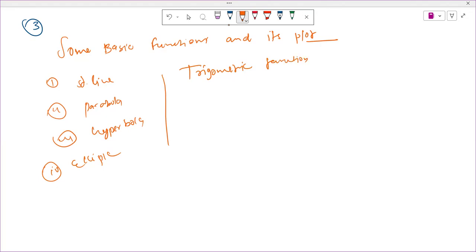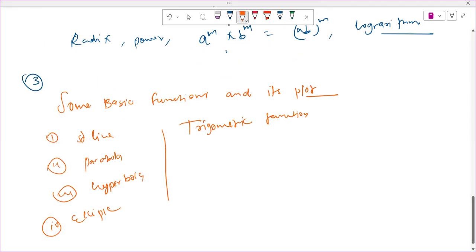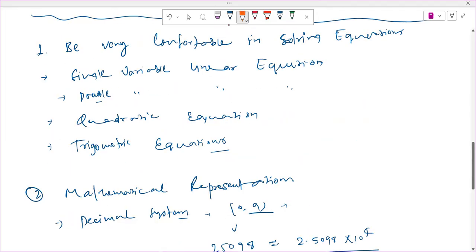Although all these things will be discussed in the function chapter, you should know all these things, and also equations and inequality.